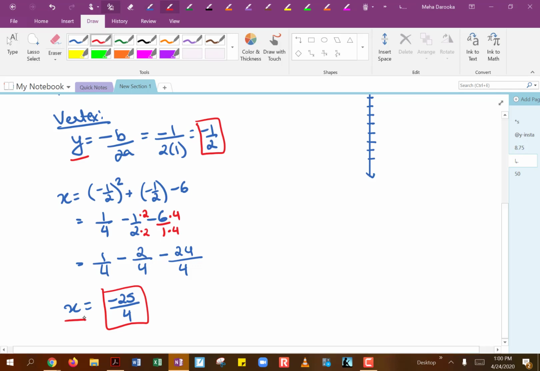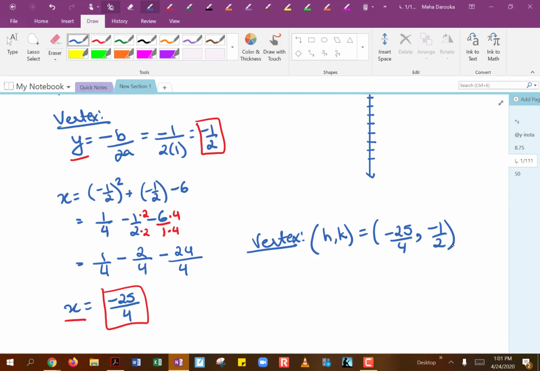Alrighty, and you still have to write your ordered pairs as x, y. So the vertex is still going to be h, k, which is going to be negative 25 over 4 and negative 1/2.